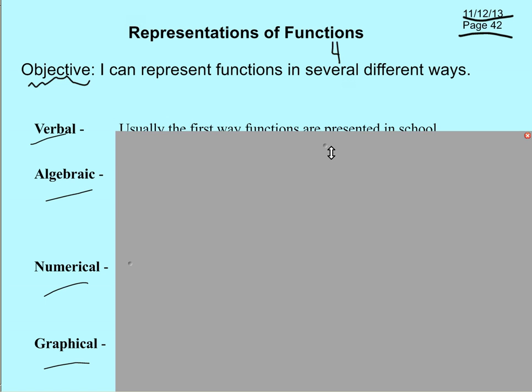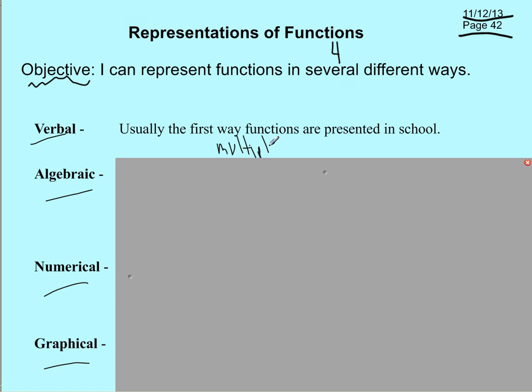So, the verbal model for showing a function. This is what you see when you first are exposed to functions in school. And this actually happens way back in elementary school. A teacher might say something like, multiply by 2 and add 4.